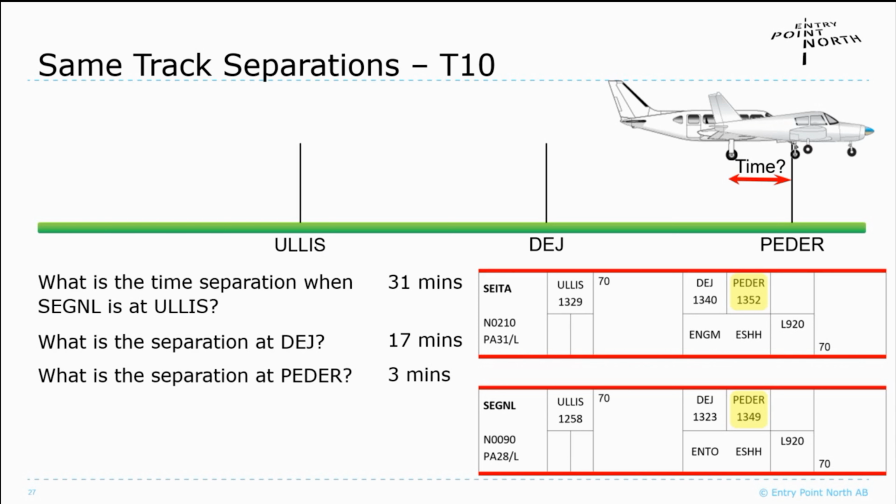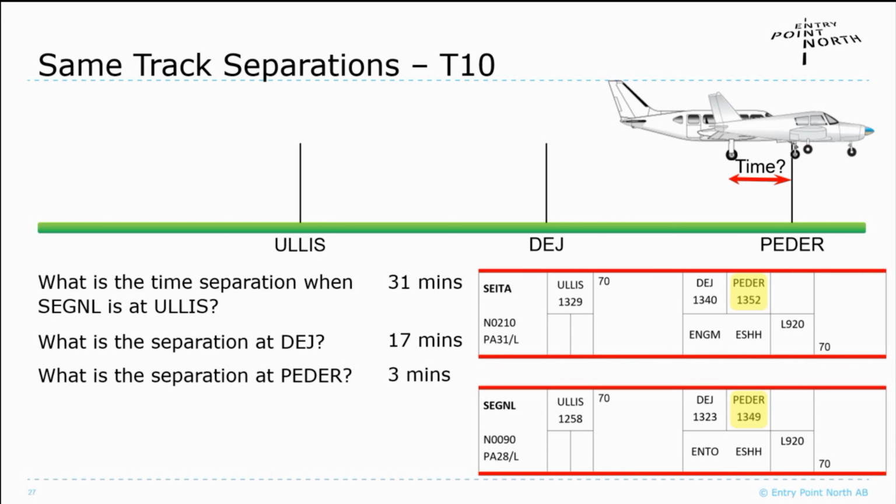So the last point in time that I know that it exists is when Sierra November Lima is at Deya. So what we can do is we can get Sierra Tango Alpha to be vertically separated by the time that Sierra November Lima crosses Deya, because remember, we know that the 10-minute separation exists at Deya, so we are moving from a 10-minute separation into a vertical separation.